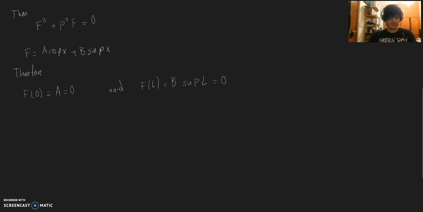This doesn't include the cosine part because we already said that a is equal to 0. And what both equations give us is that p times L is equal to m pi, so that p is equal to m pi over L.